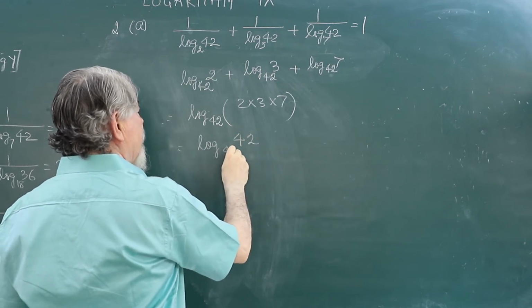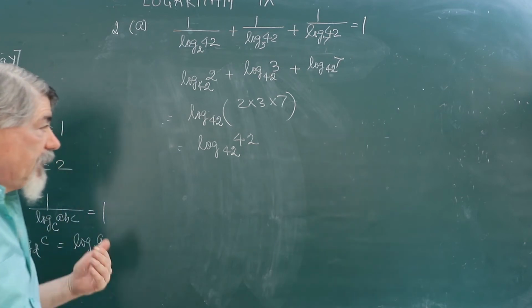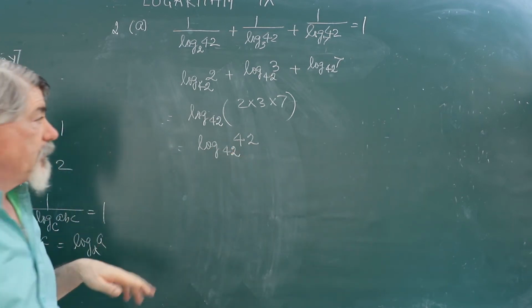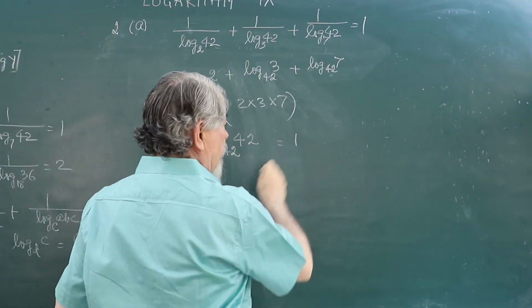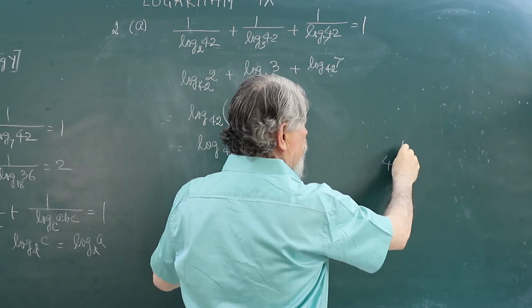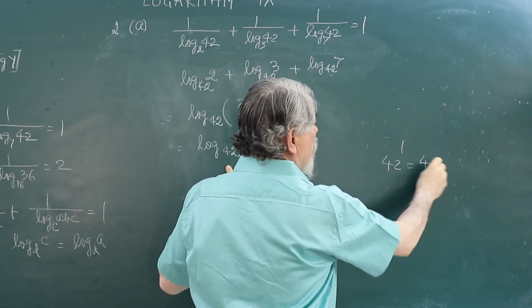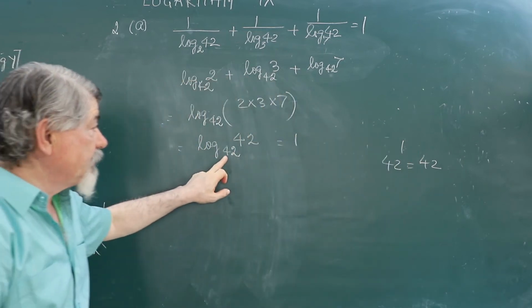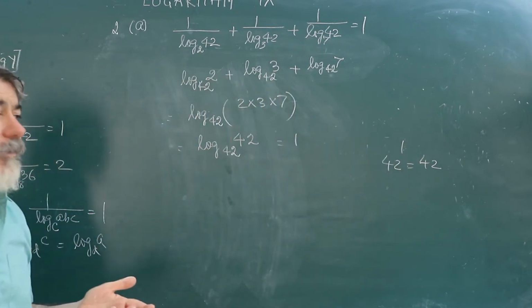When a number has the same base, log of a number to its own base is always going to be equal to 1, because only 42 raised to power 1 can give you 42. I cannot find any other number which I can raise this number to get 42 except 1.